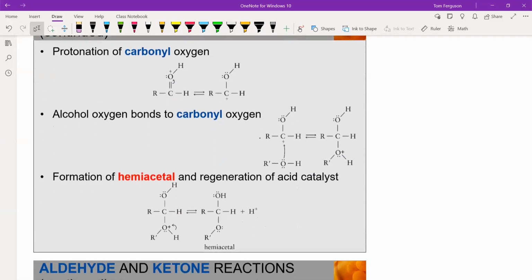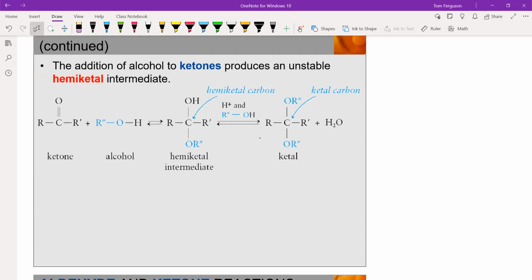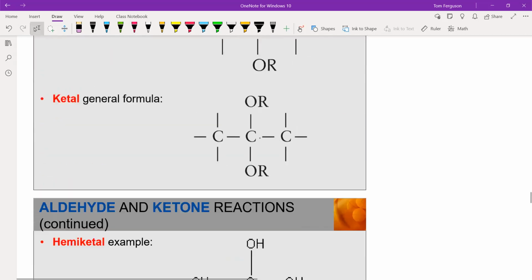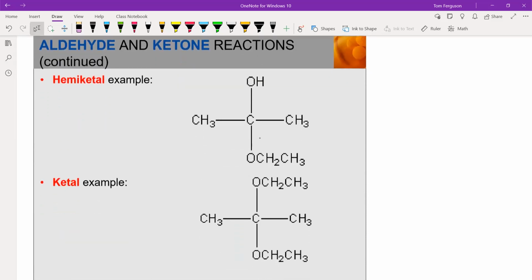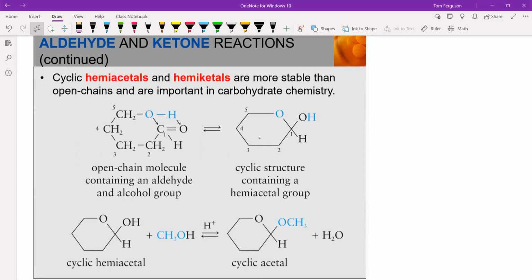Okay, and this is the mechanism. The same thing can happen with a ketone. We form an intermediate compound and a final product when we mix the ketone and alcohols together. And I have a little technique: how can you tell a hemiketal from a ketal, for example? It has to do with looking for certain combinations of atoms. See, this is starting to look like carbohydrates.